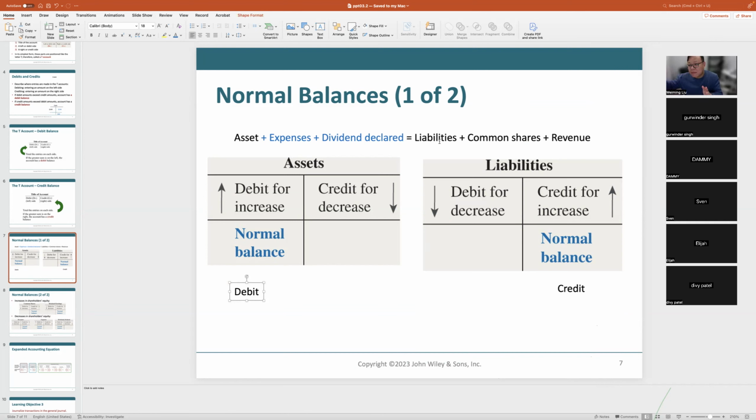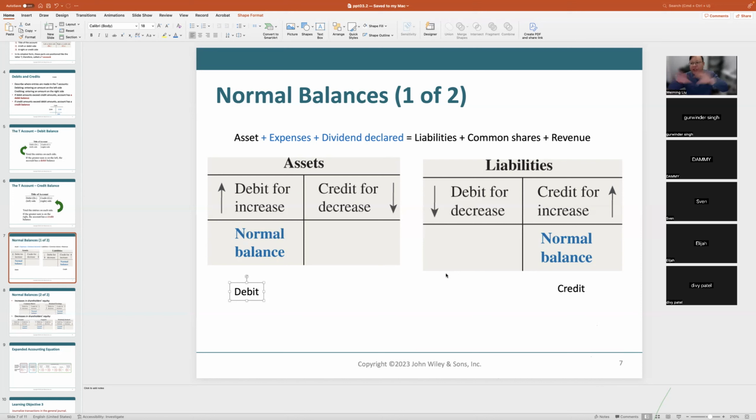So if I need to increase my liability, I need to credit my liability. If I need to decrease my liability, I will debit my liability.